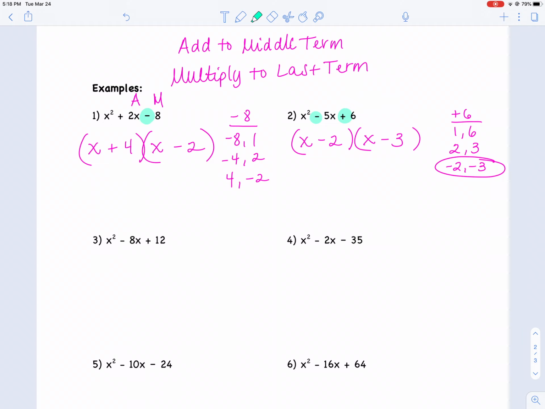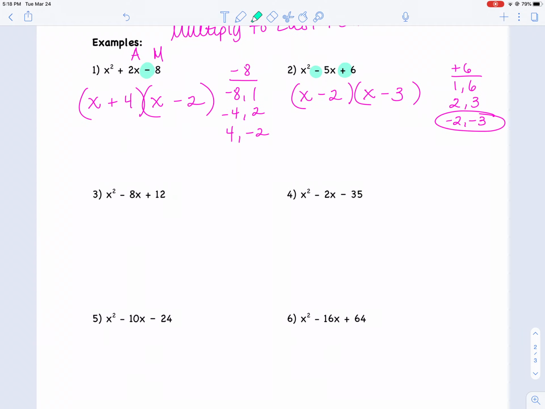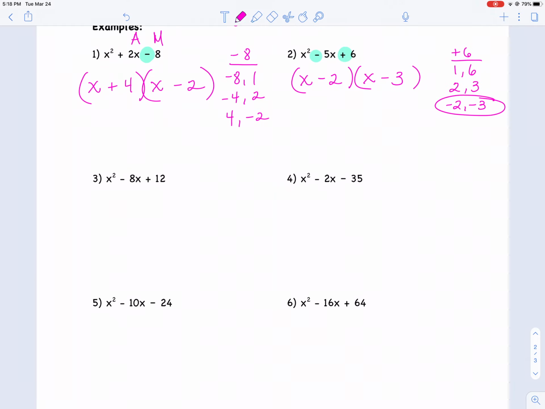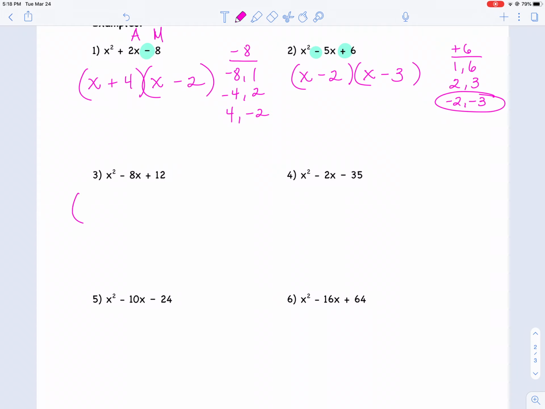Okay, so let's go to the next one. Let's go to number 3. So in number 3, we are going to once again open up our two sets of parentheses, and we're going to pull off +12. Okay, and we're going to ask ourselves, okay, what multiplies to 12 and adds to -8?